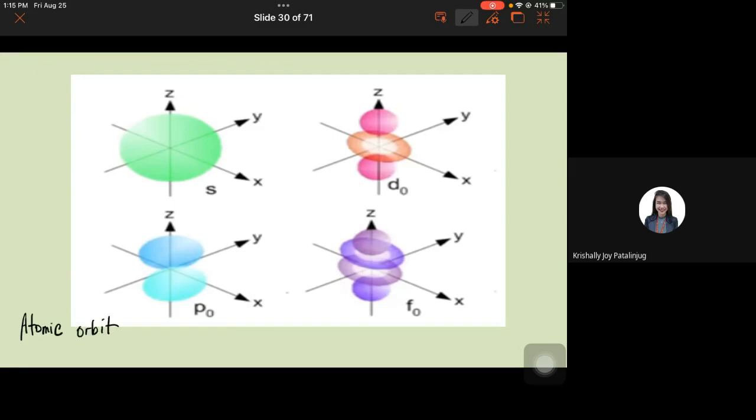So let me write the definition first. Atomic orbitals, that's the region in space around the nucleus where there is a highest probability of finding an electron.